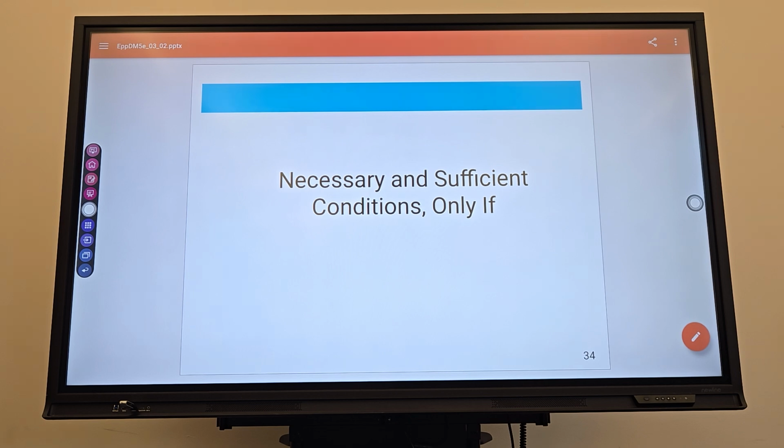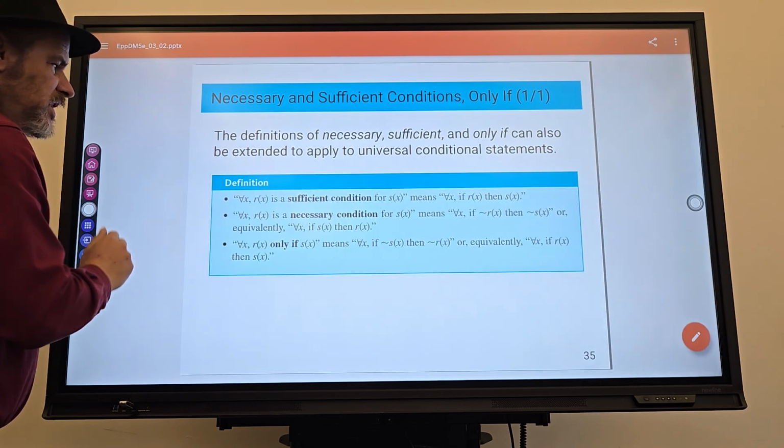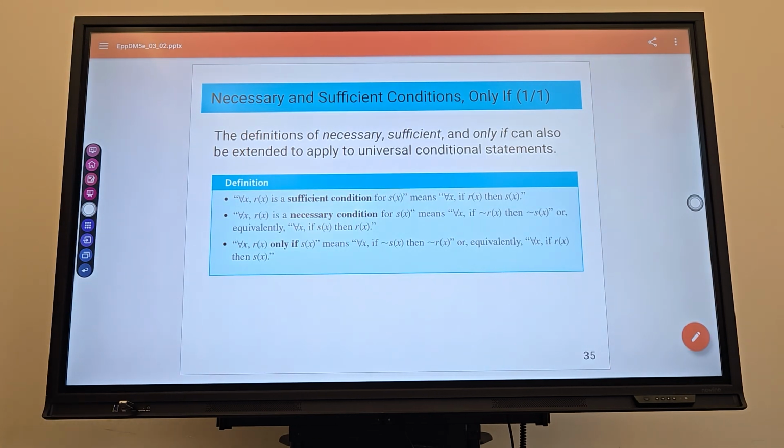Necessary and sufficient conditions, only if. Remember these from chapter 2? R of x is a sufficient condition for S of x means that if R of x, then S of x.